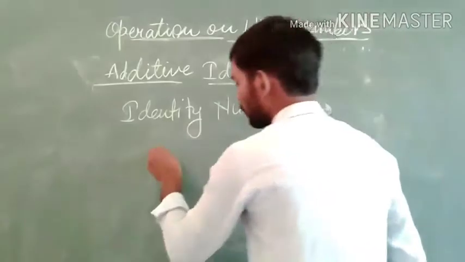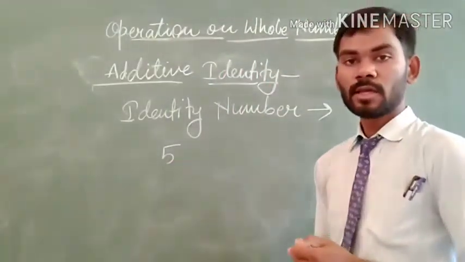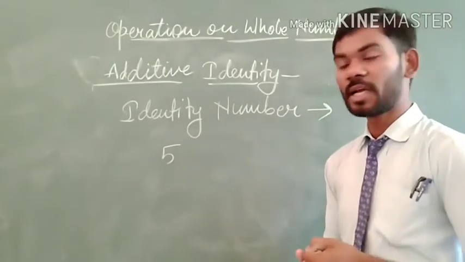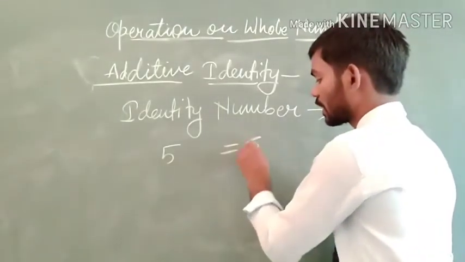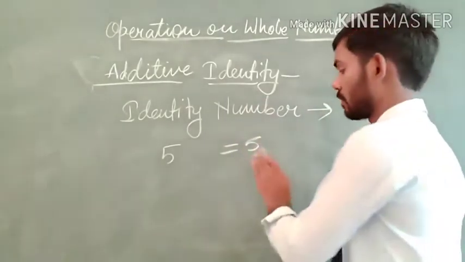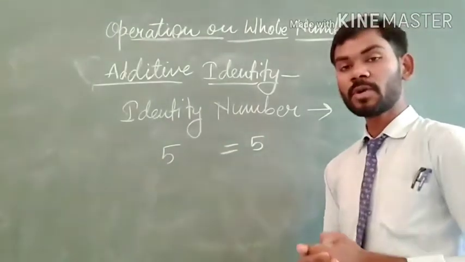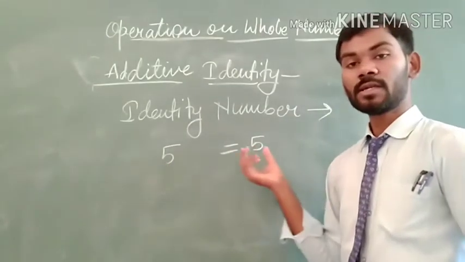Suppose that 5 is any whole number and the question is which number should be added to 5 to get the result as 5.